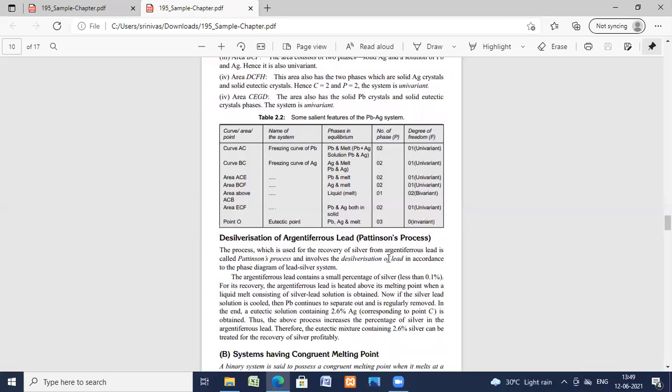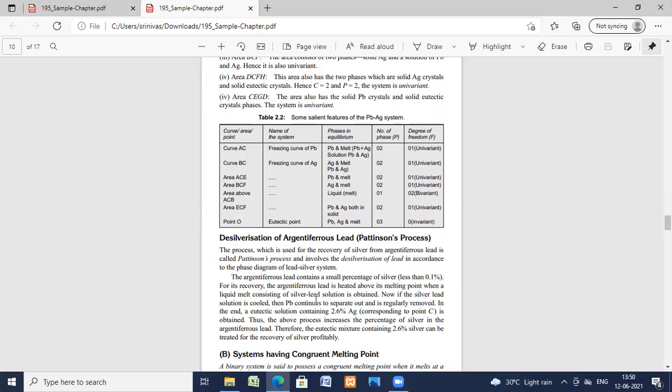This involves desilverization of lead in accordance with the phase diagram. Argentiferous lead contains a small percentage of silver, very little, 0.1. We heat it above the melting point, and a liquid melt consisting of the lead silver solution is obtained. Now the silver lead solution is cooled.